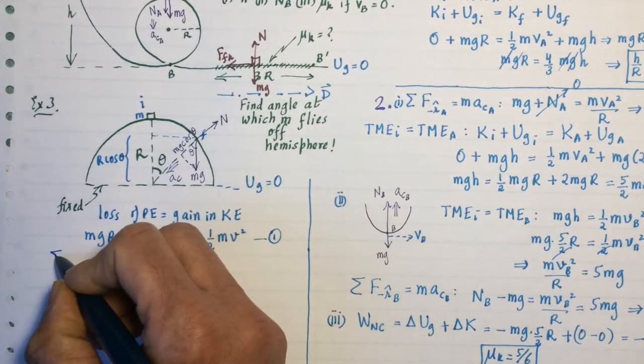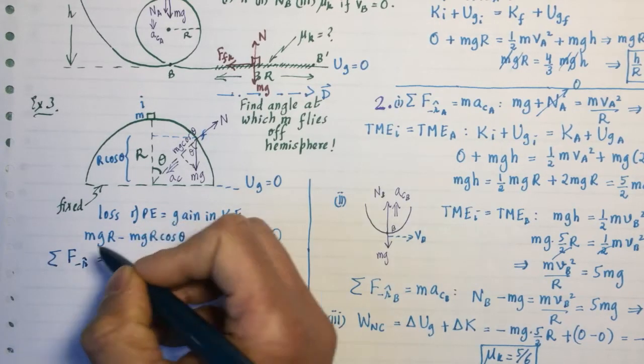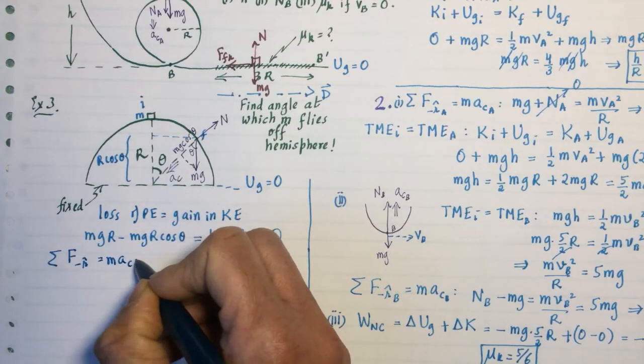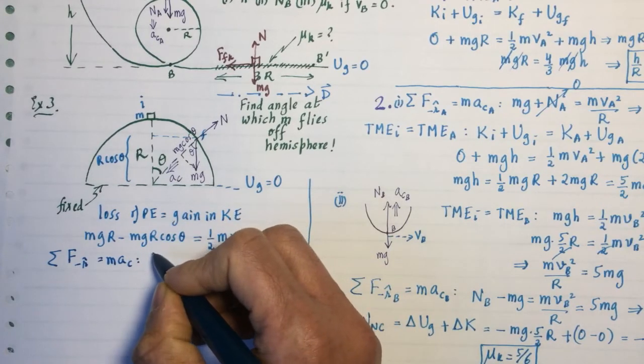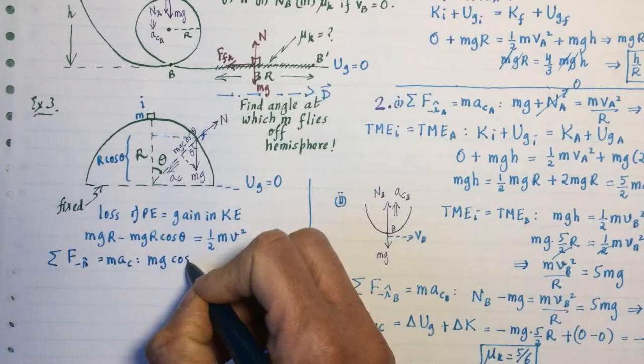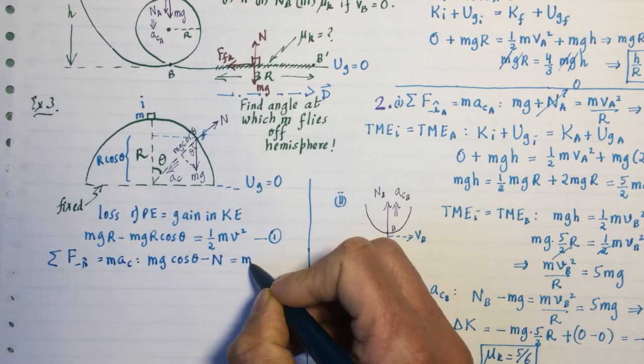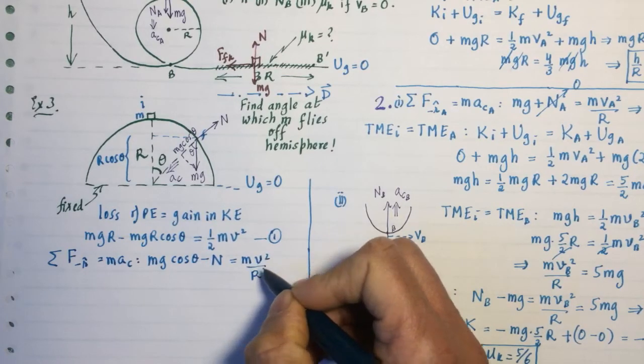So the sum of all the forces in the negative r hat direction equals m a_c, which is Newton's second law. So I'm going to get mg cosine theta minus N equals mv squared upon R.